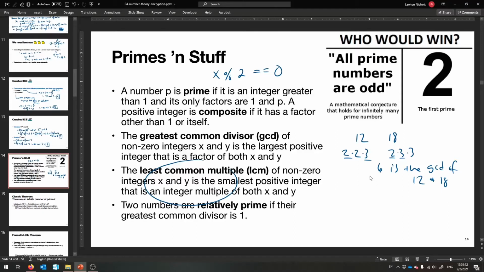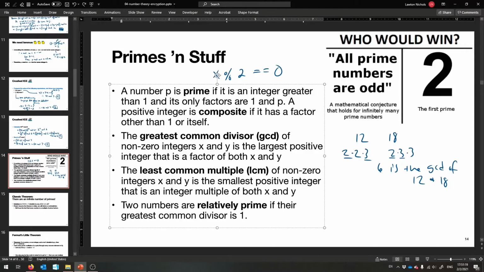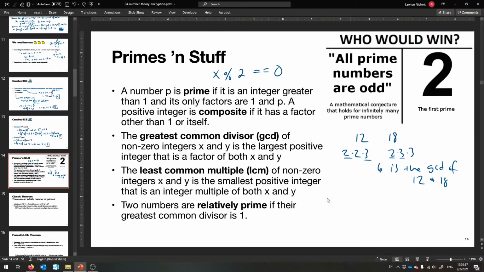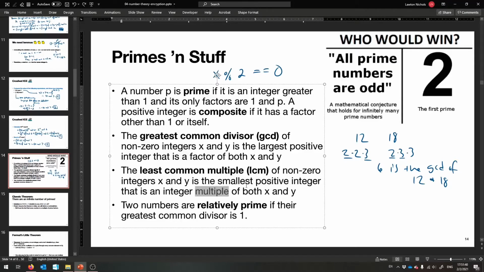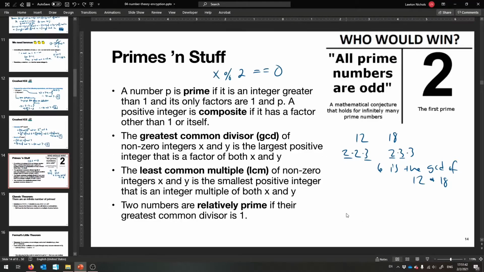And similarly, you have a least common multiple. It's the dual of GCD, if you remember that word from the beginning of class, in a very precise sense. So the least common multiple of two non-zero integers x and y is the smallest positive integer. See, largest, smallest. That is an integer multiple of both x and y. So it's something bigger than them usually, if they're both positive numbers.